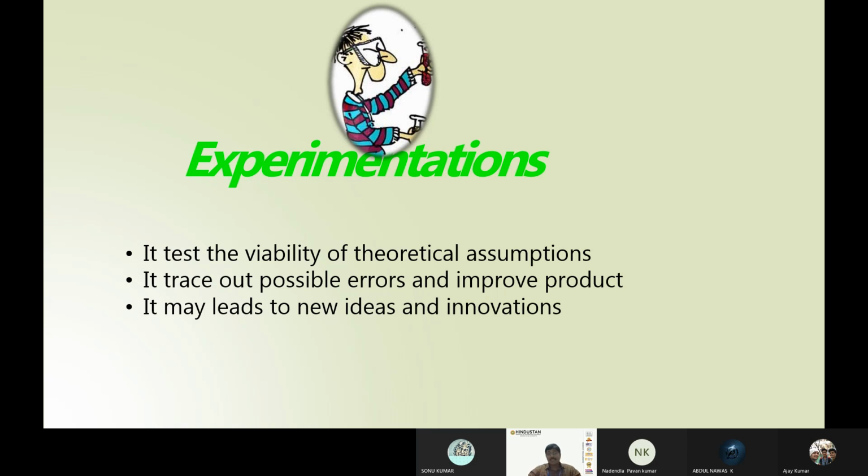So while doing experimentation, you know at which place you will get the maximum efficiency, right? Whether you're going for different types of alloy, for example, I'm talking about the metal alloys.